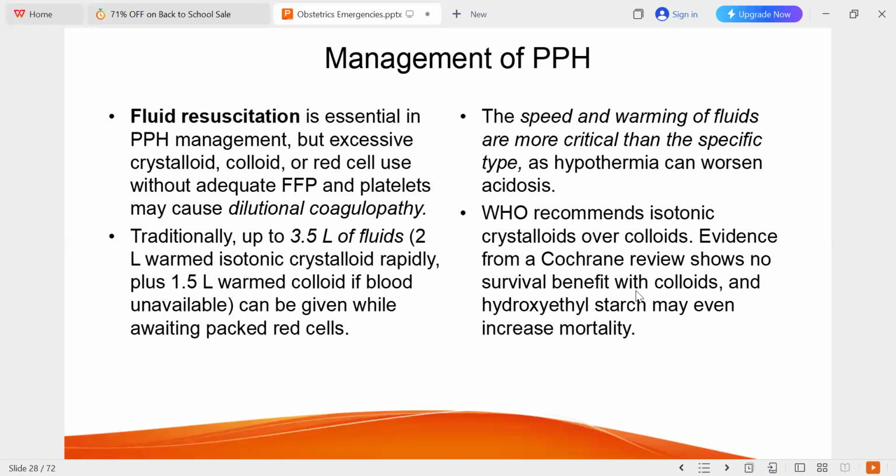The WHO recommends isotonic crystalloids or colloids, but a Cochrane review has not shown any benefits with colloids, and hydroxyethyl starch may actually worsen mortality. So I would like to stay with crystalloids all the time. And early coordination with the blood bank will reduce the time waiting for blood to arrive.